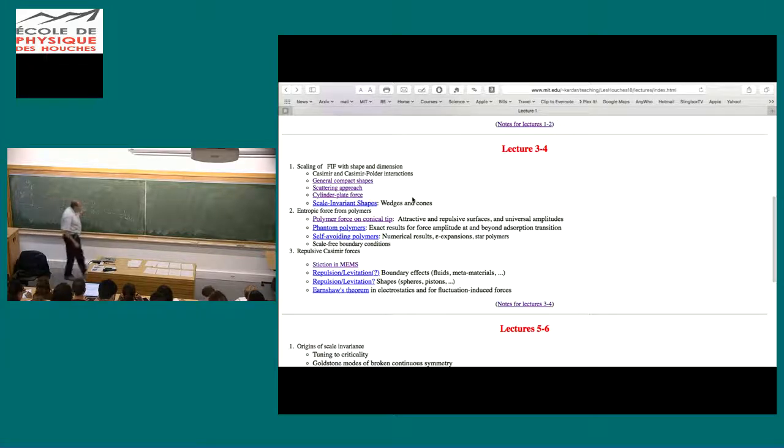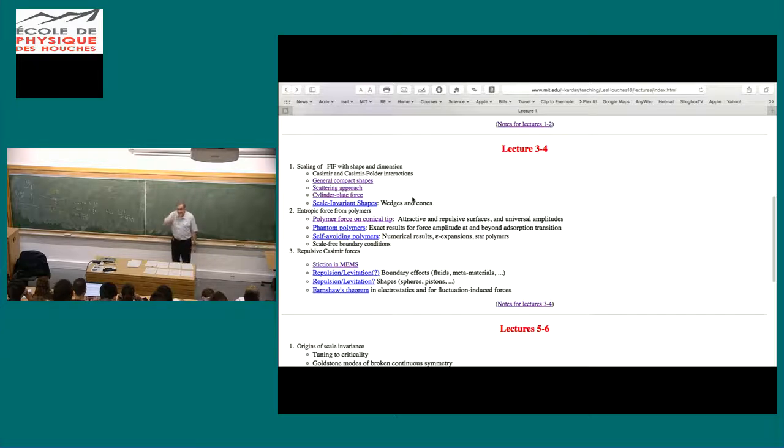Just to tell you that dimensional analysis works, but you have to be careful in cases such as this, and where you have more general objects, and maybe I'll show you some transparencies about how to deal with more general objects.